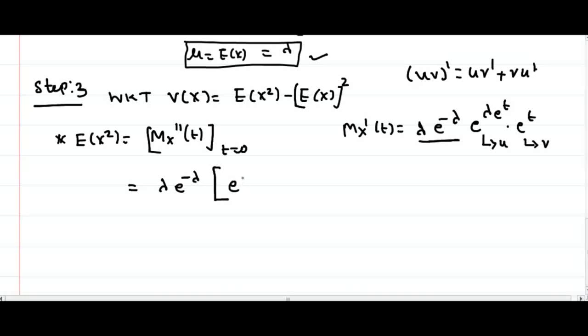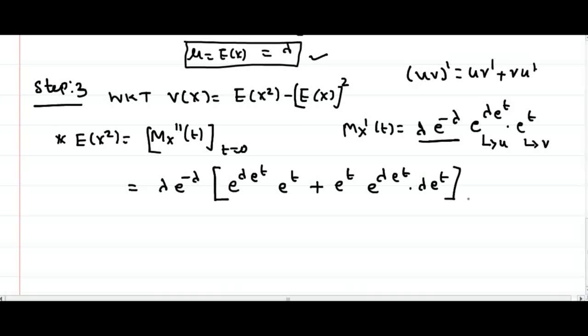What is your u value? e power lambda e power t, into the differentiation of e power t, so you get e power t. Plus, next we consider v as it is, the v value is e power t, into the differentiation of u, that is e power lambda e power t into lambda e power t.